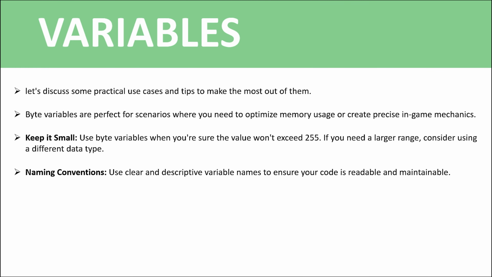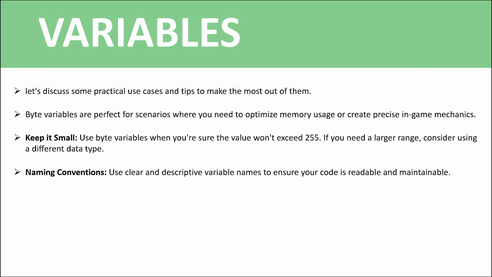Let's discuss some practical use cases and tips to make the most out of them. Byte variables are perfect for scenarios where you need to optimize memory use or create precise in-game mechanics. Keep it small, and naming conventions. So keep it small: use byte variables when you are sure that the value won't exceed 255.